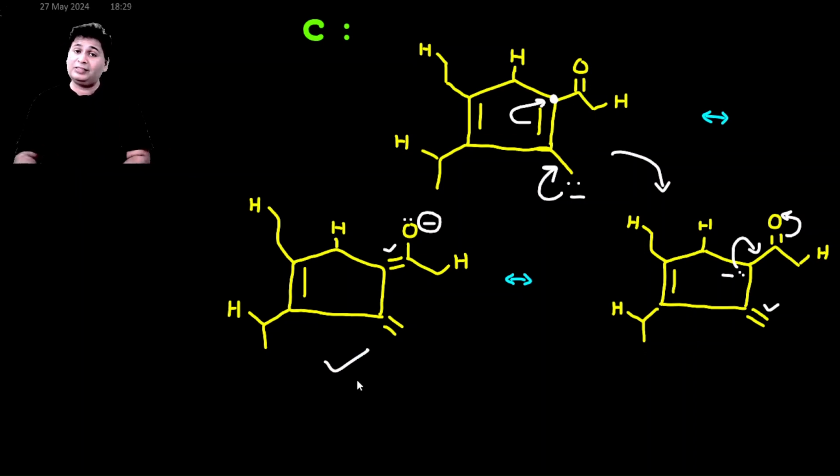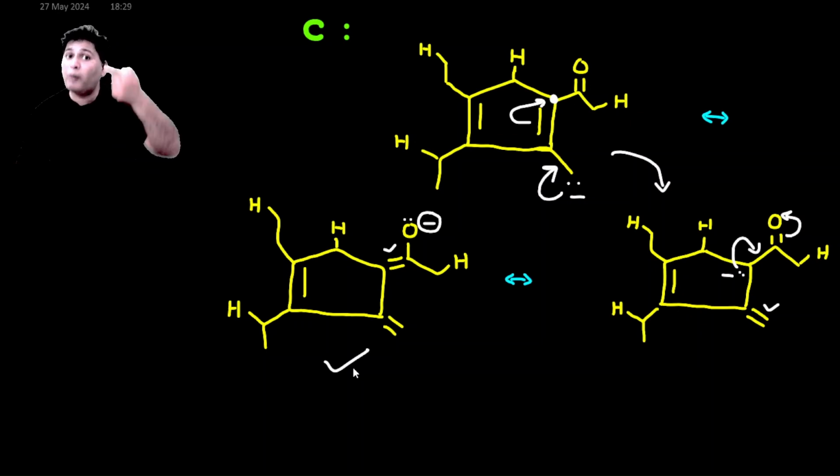You should understand, as I have been saying in all the videos, that minus charge is a burden. If it is carried by a stronger atom which is more electronegative, like oxygen, like nitrogen, then it feels stability.